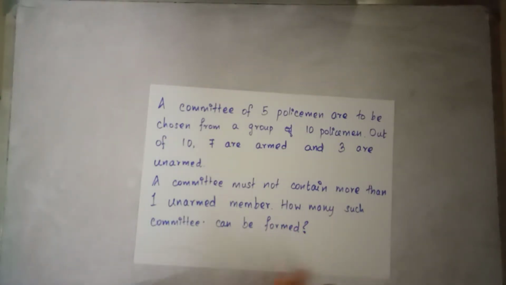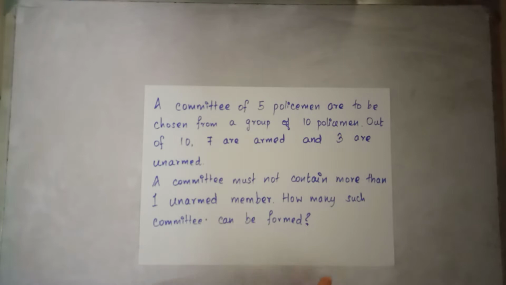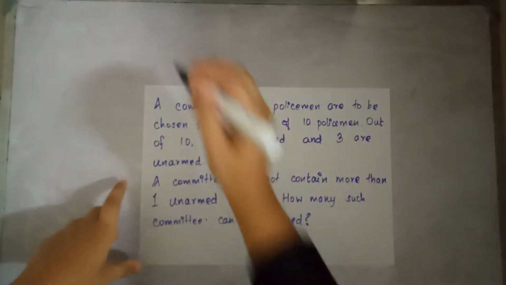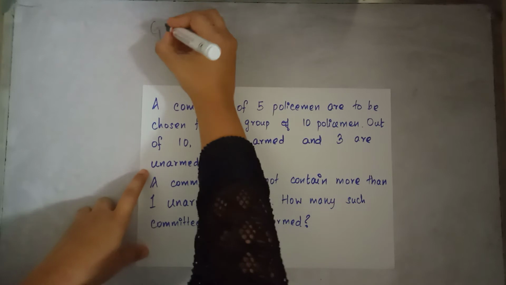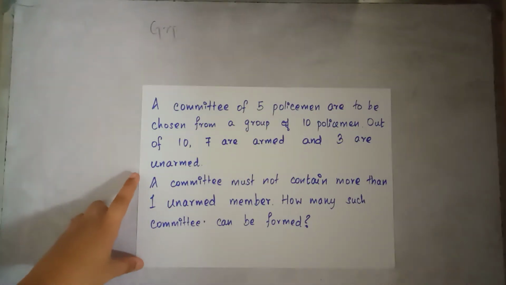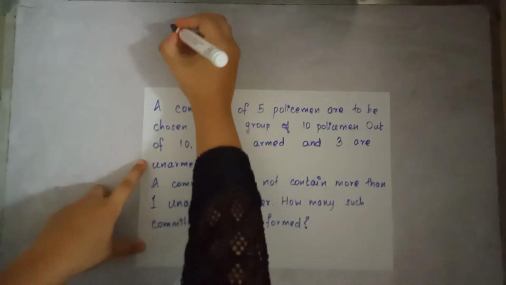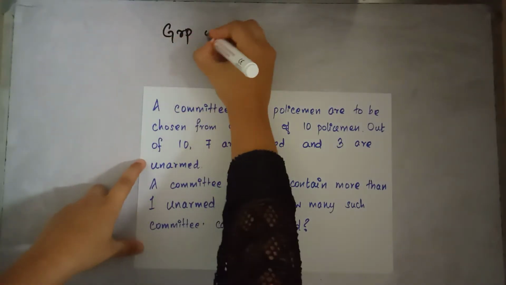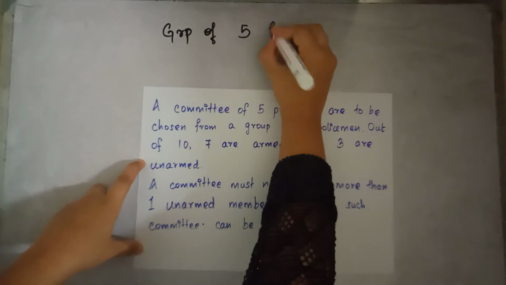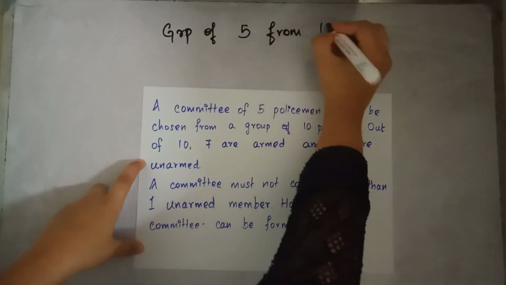So there are a total of 10 policemen and we have to form committees of 5 policemen. So they want to know the different number of combinations of committees that can be formed. We have to form a group of 5 from 10.